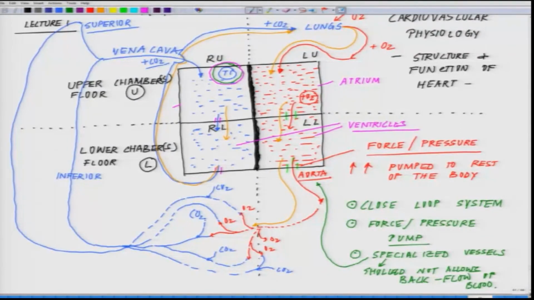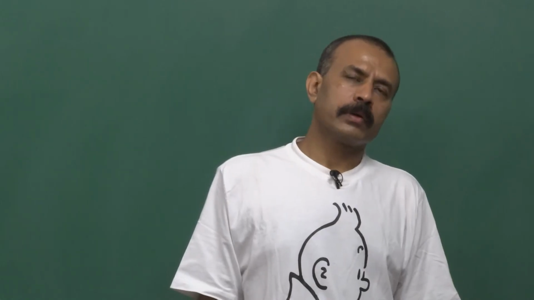So, left atrium, right atrium. The left atrium is the left upper chamber, the right atrium is the right upper chamber, whereas the left ventricle is the left lower chamber, and the right ventricle is the right lower chamber.